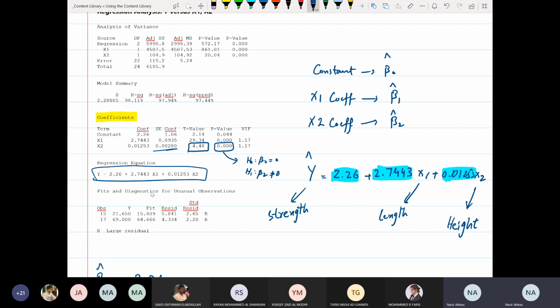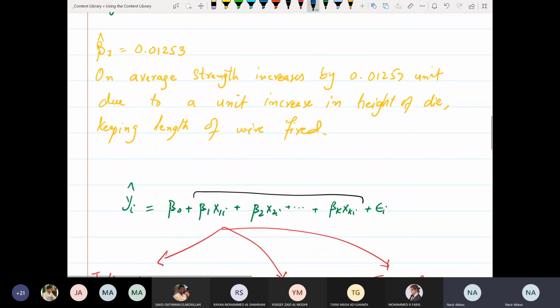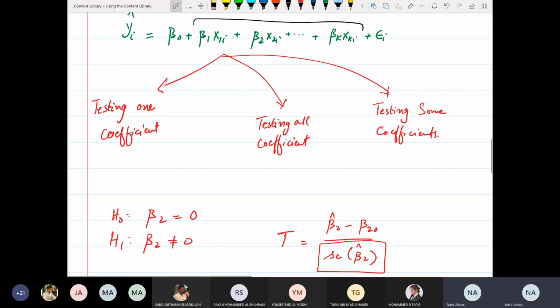And finally, number 4, we said that when we talk about hypothesis testing in multiple linear regression, there are basically 3 types of hypotheses we can test. Number 1, we can test the significance of one predictor at a time. That will be tested by a t-test, and most of it is given in the Minitab output.